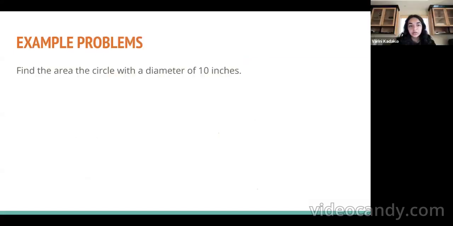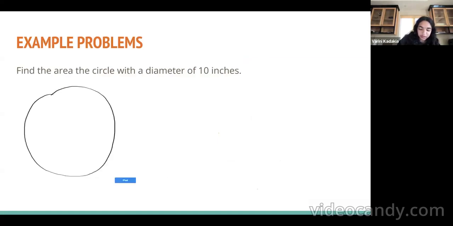Okay. So back to this question. I'll just draw the diagram for you guys so you can see it. We have this circle and its diameter, which is a line that goes all the way through the circle. This is 10 inches. So you're just supposed to find the area of the circle. I'll give you guys some time.